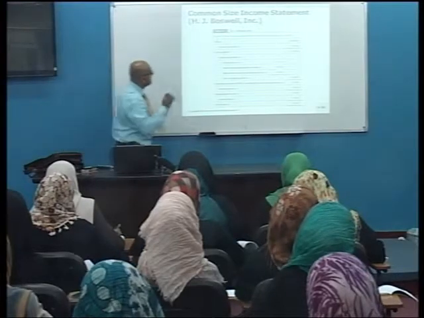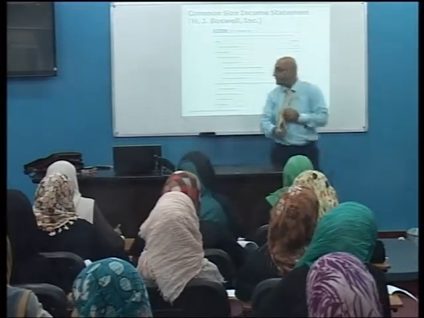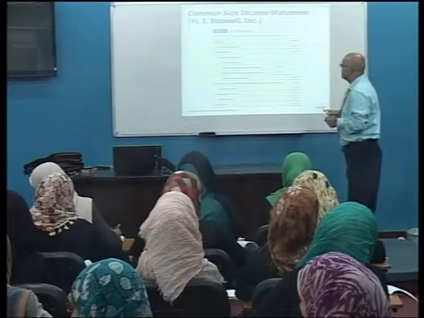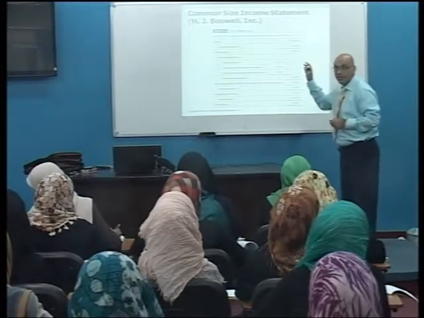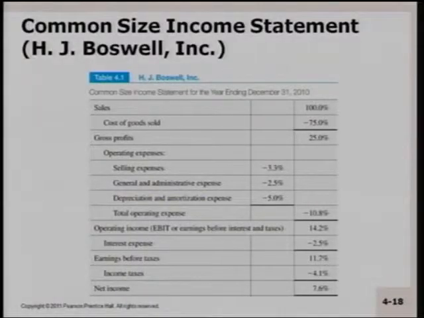If you look at here, this is an example of the Boswell company. The sales is 100%. Cost of goods is 75%, and the gross profit is 25%. The cost of goods is high, 75%. What does it mean? It means $1 in sales costs 75 cents.